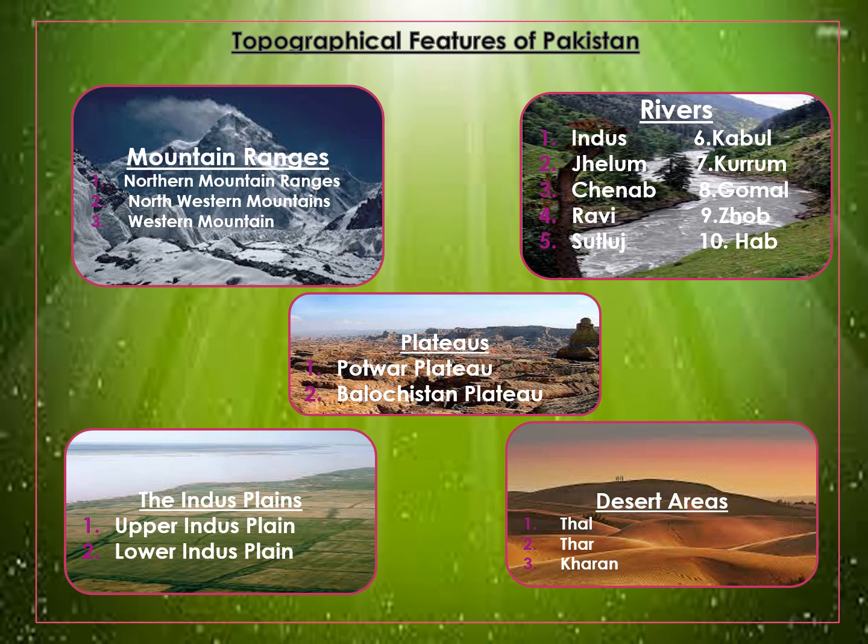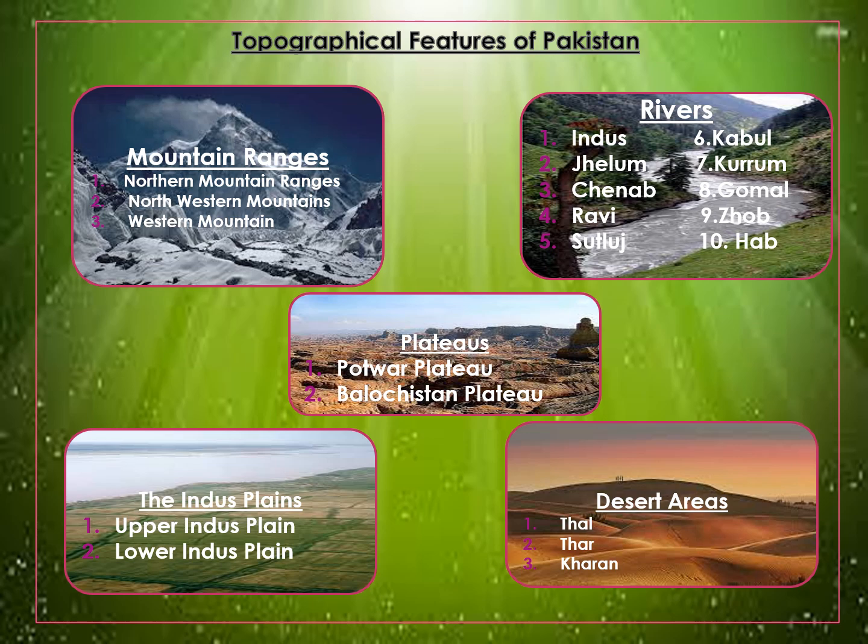Now, if we talk about the topographical features of Pakistan, Pakistan has many topographical features, from mountain ranges to rivers, plateaus, Indus plains and desert areas. We are going to read all these in detail in the topography chapter. Mountain ranges we have are the northern mountain ranges, northwestern mountain ranges and western mountain ranges.